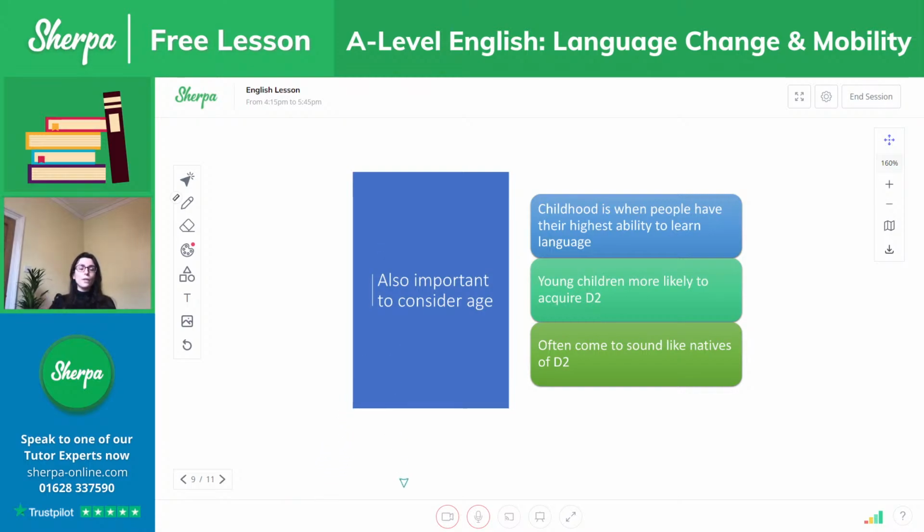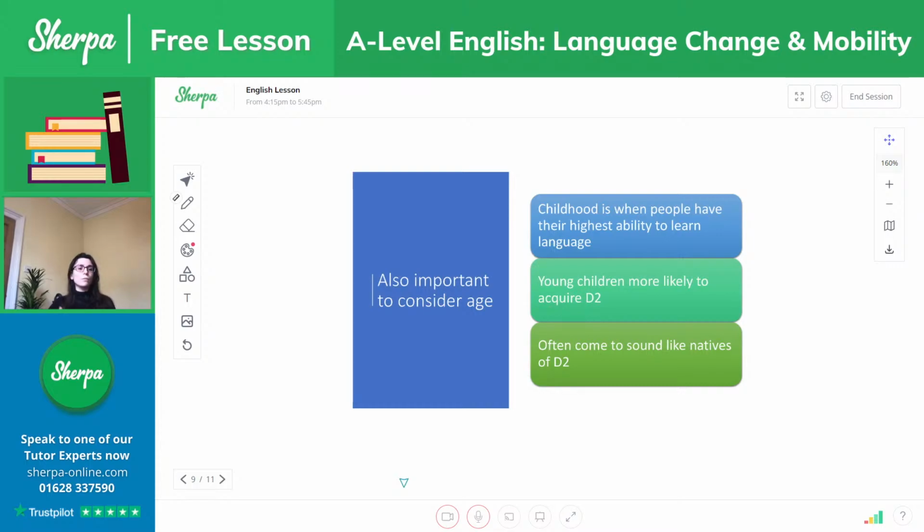So another thing that's important to consider as well is age. And the reason I include this will become relevant as I go on. But younger children are more likely to acquire a second dialect because childhood is the time when people have their greatest ability to learn language.